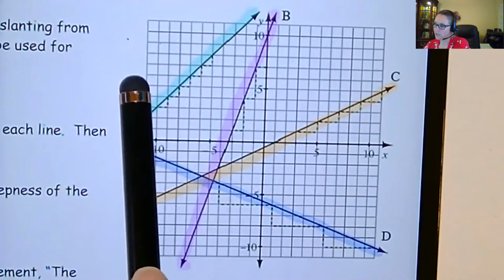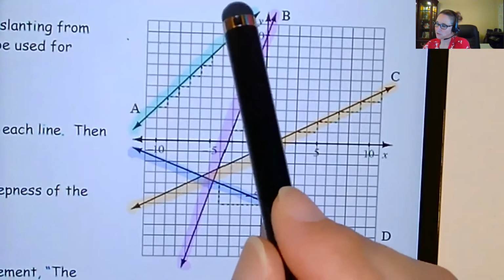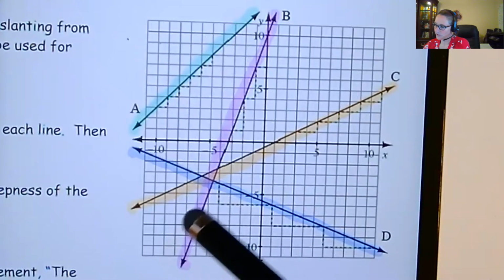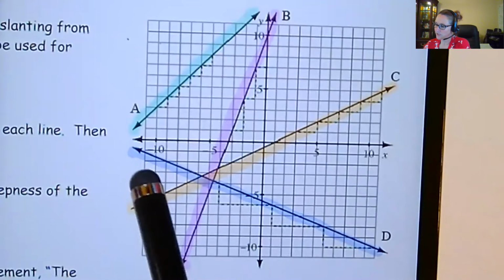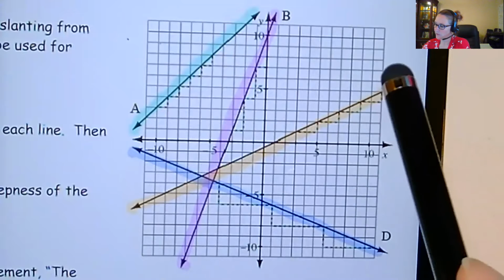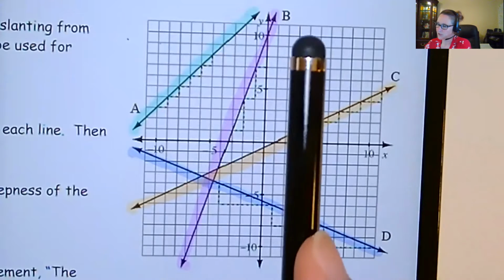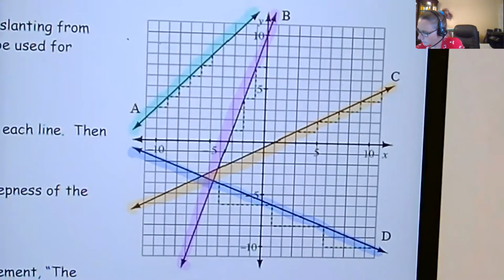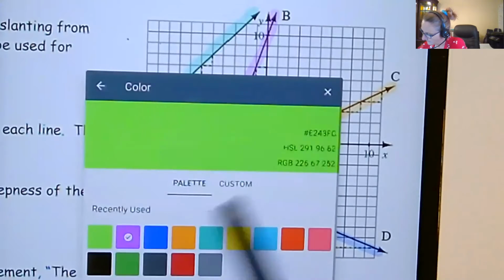Over here, A, as I'm walking up this, B, as I'm walking up this, C, as I'm walking up this. Looking at this, B is definitely the steepest one. So I'm going to write B.